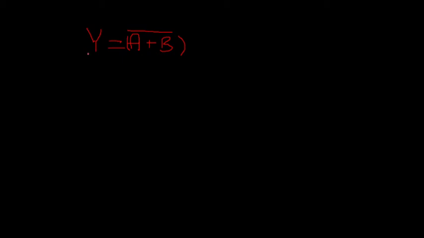Whenever y is equal to a plus b whole bar, instead of proceeding with the equation of y, what you can do, you can make y bar both side. If I apply, y bar is equal to a plus b whole bar, and y is a plus b whole bar, so y bar will be a plus b double bar.